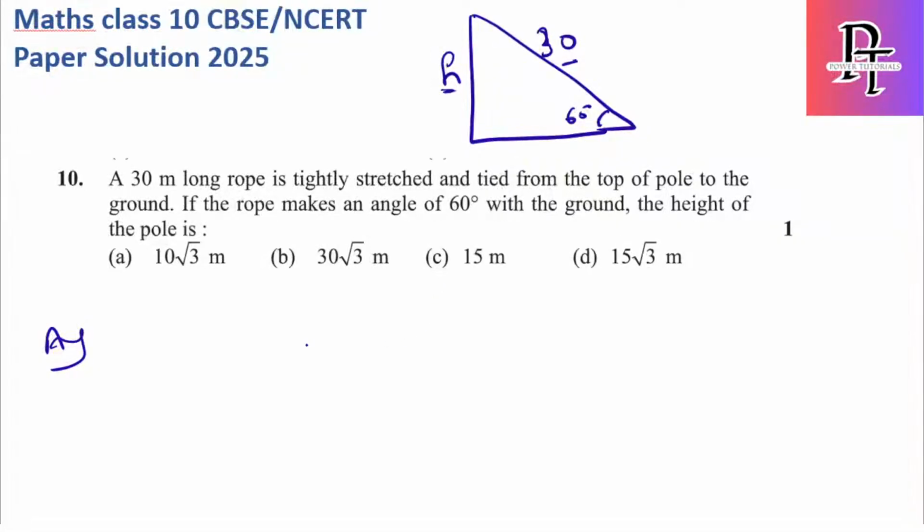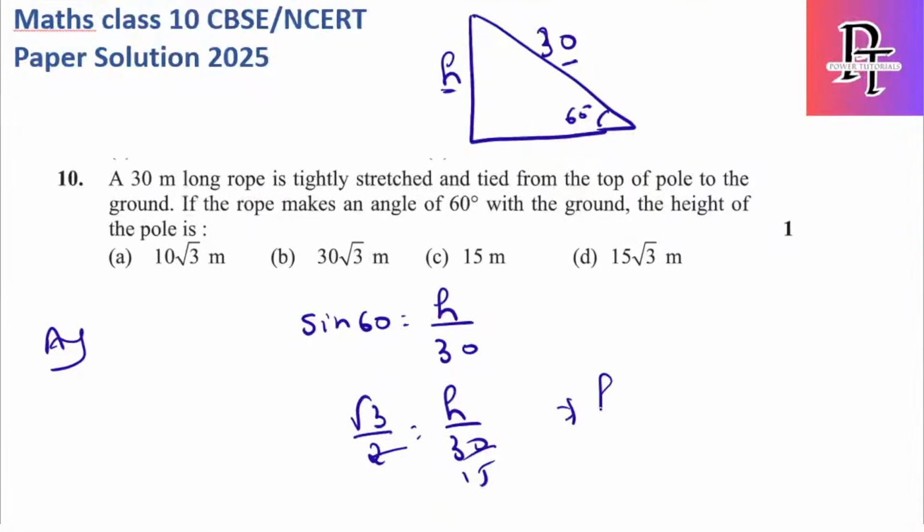Sin theta is opposite by hypotenuse. Sin 60 is opposite, which we need to find, h, by the length of rope, which is 30. Sin 60 is root 3 by 2, h by 30, 2 ones 2, 15s. So the height of the pole I got as 15 root 3 meters.